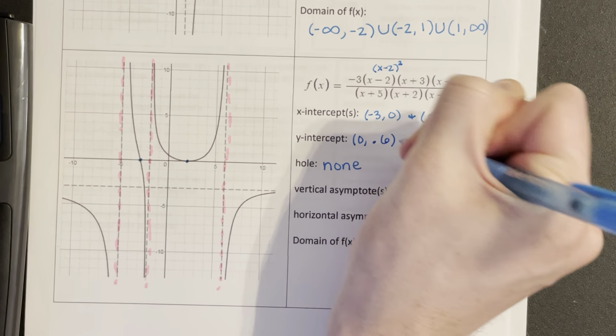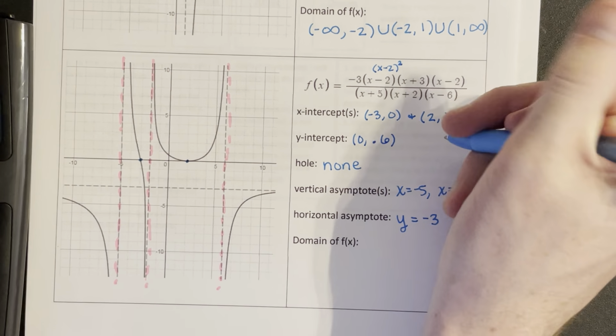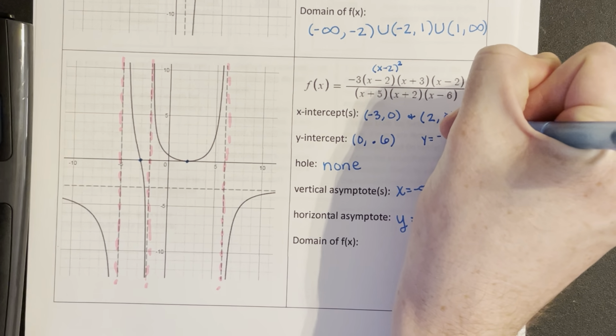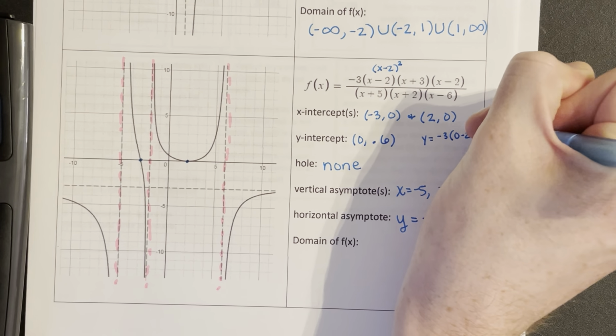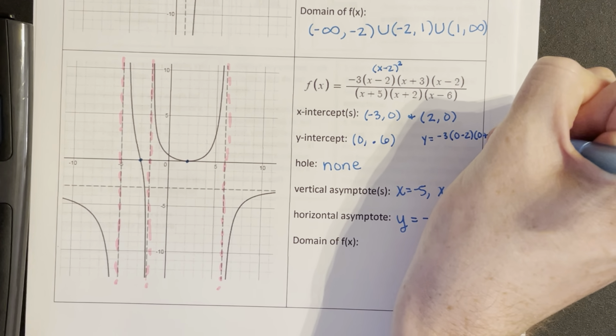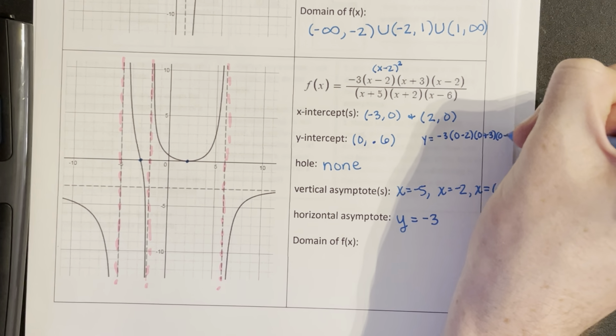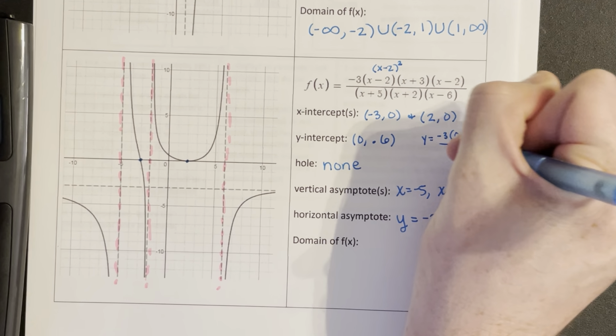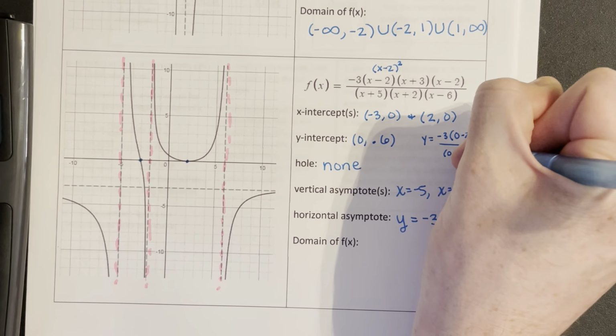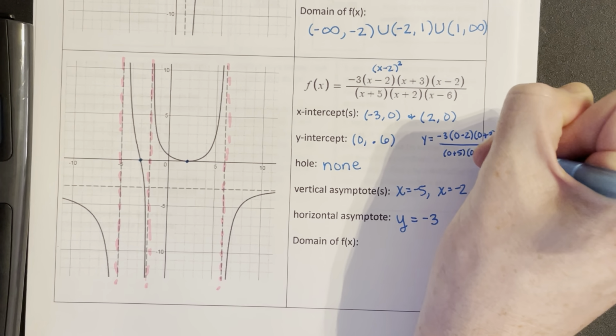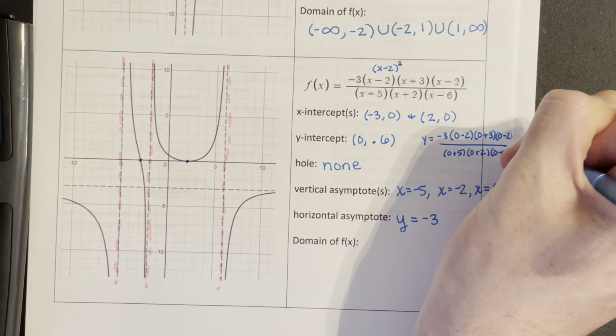But if we want to find it algebraically, we do -3 times 0 minus 2, 0 plus 3, times 0 minus 2, all over 0 plus 5, 0 plus 2, and 0 minus 6.